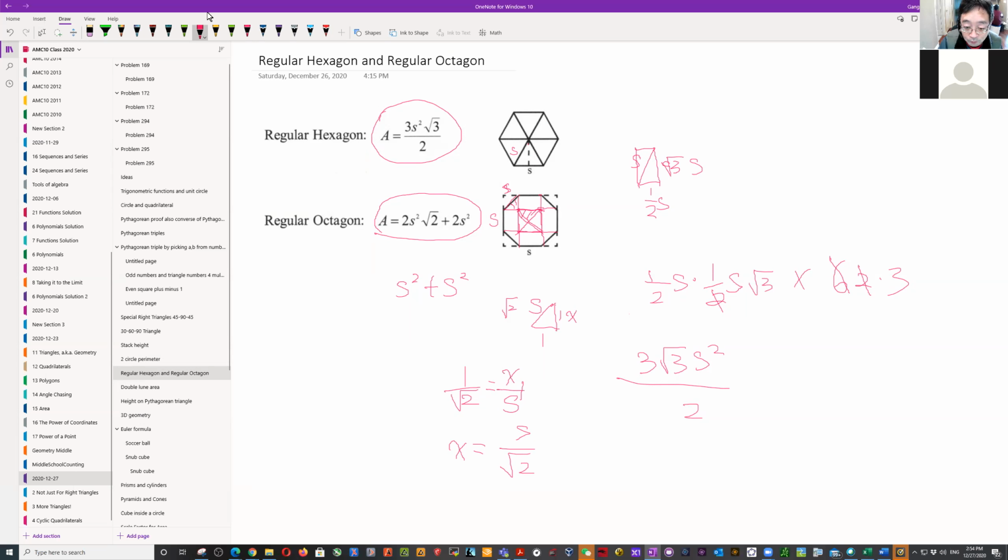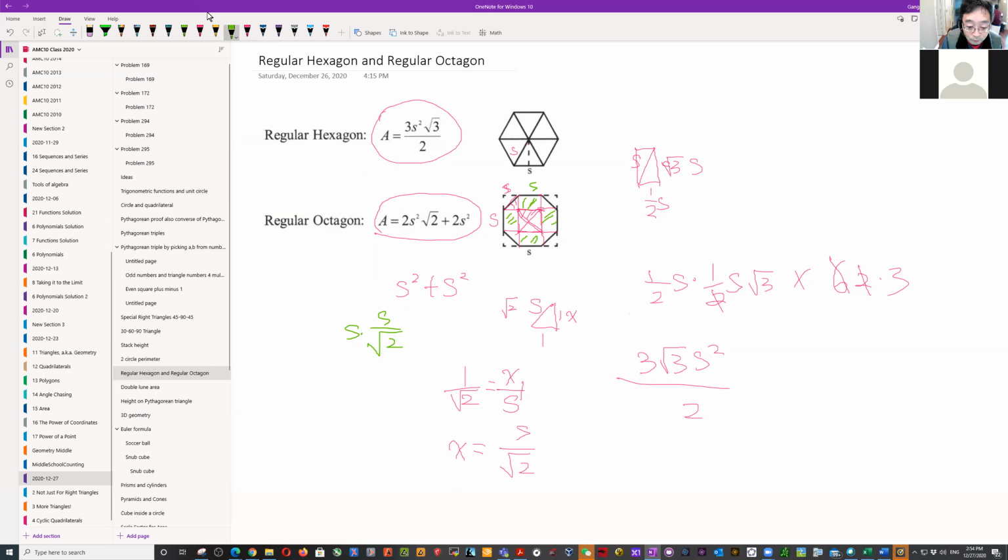So we calculate the middle, we calculate the 4 little corners, then we need to calculate the area of those 4 rectangles on the shoulder. The length of those is S, and the width of those is S divided by square root of 2. So that's just one of those.